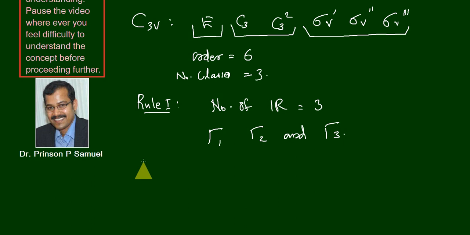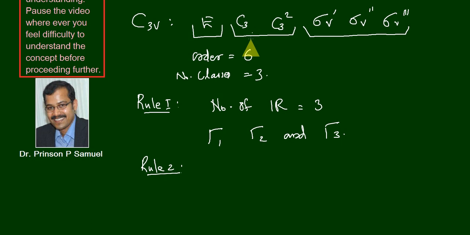Now we are going to apply rule 2 derived from the great orthogonality theorem. According to rule 2, the characters of the matrices of the same class will be the same. It means that the matrices corresponding to C3 and C3 square will have the same character, and the matrices corresponding to sigma v dash, sigma v double dash, and sigma v triple dash will have the same character.